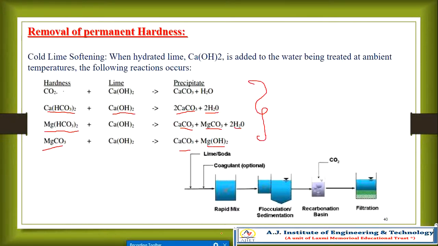So now if you look at the process, see lime soda. See what happens here. In the cold lime softening process, lime soda will be there, and coagulant is optional. If required, you can add coagulant here itself. When you add lime soda, you can also call this the lime soda process.